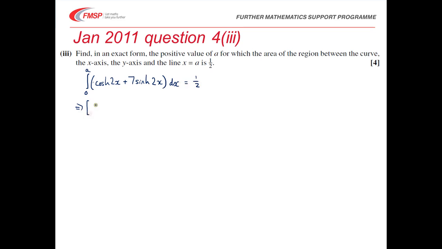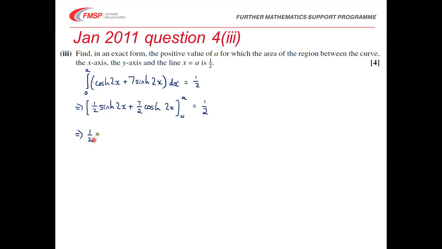So doing the integration, we get a half sinh 2x plus 7 over 2 cosh 2x between 0 and A. Then we need to substitute in.